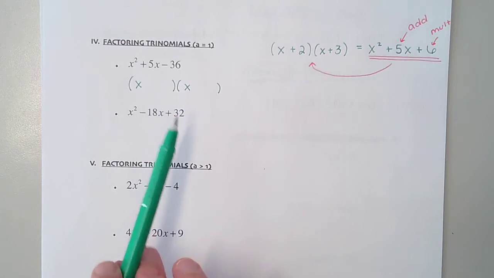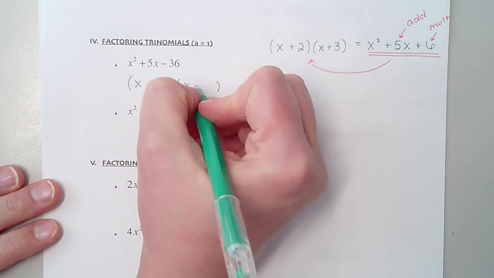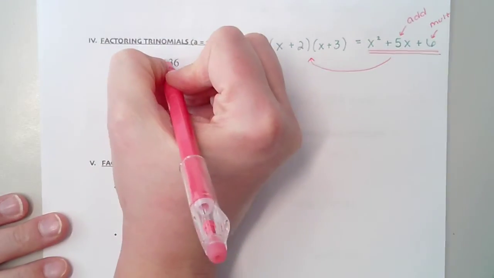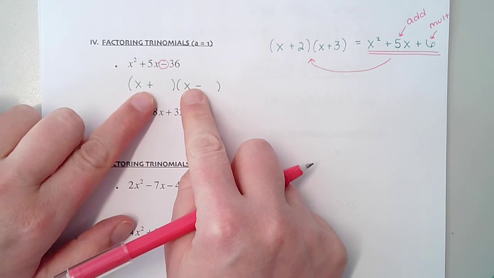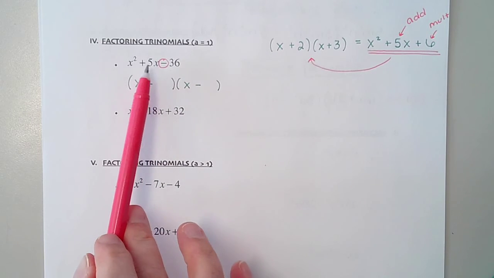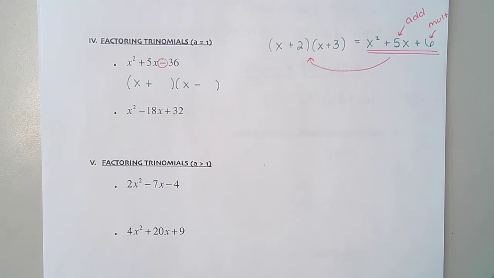We can only multiply and get a negative if we are working with one positive number and one negative number. So as soon as I see this here, I know that my setup down here is going to be one of each. It's going to be one positive and one negative. Now I need to think of how I could multiply to 36 and add to make 5, keeping in mind that I've got a negative here to play with. So when I say that these things are adding up to 5, it's really going to be more like they're subtracting to 5 because of that negative.